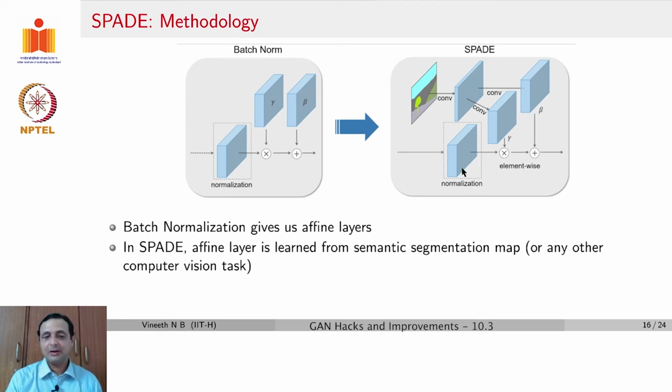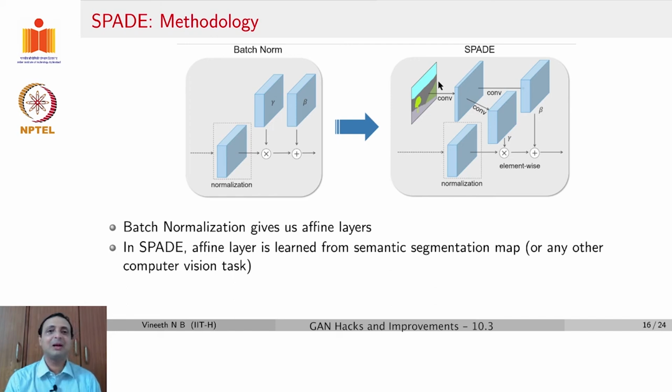So as you can see here, unlike blindly normalizing the output feature map in a specific layer, the normalization is done in a spatially adaptive manner, where the gamma and beta come from the spatial relationships in this semantic segmentation map. What is the semantic segmentation map?